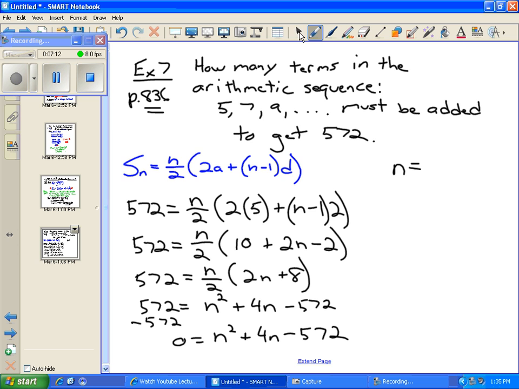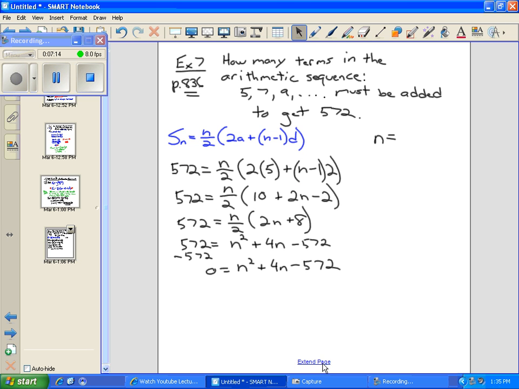Okay. Next step, let me get a little more space here so I can finish out the problem. The next step is to factor, or if you don't like factoring, you can use the quadratic formula to figure out what makes this go to 0. You'll get two answers, and we'll see. Both answers might work, or one of them might not really make sense in this particular problem. We'll see what happens.